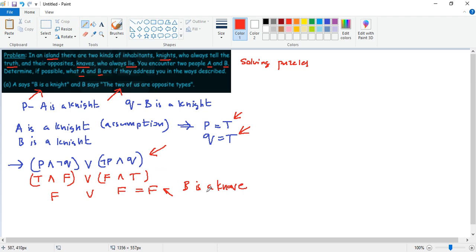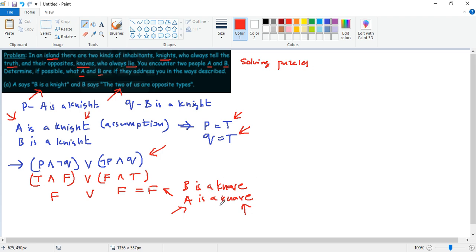But then that contradicts. If B is a knave, they are of the same type, so A should also be a knave. That contradicts the initial assumption that A is a knight. So if A is a knight, then we cannot have A also be a knave, which means the initial assumption that we made is wrong.